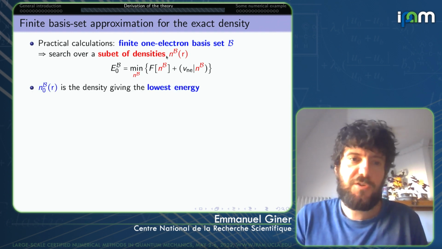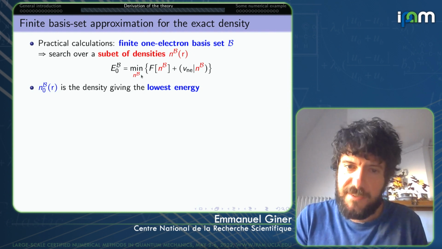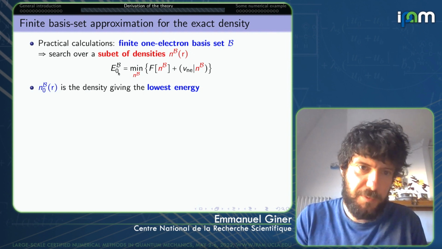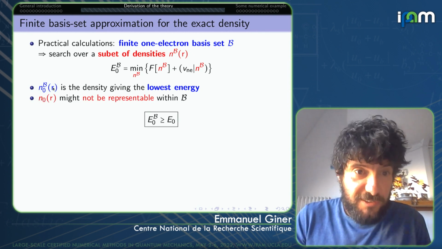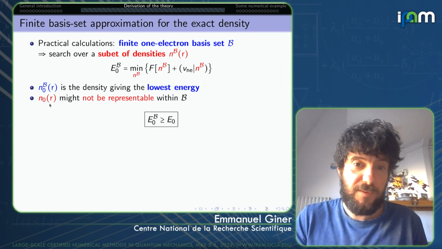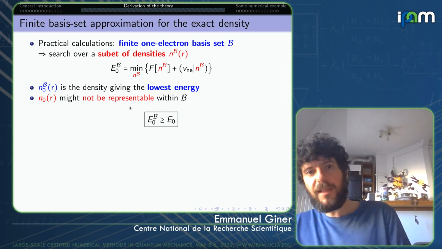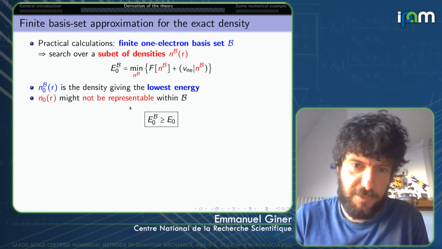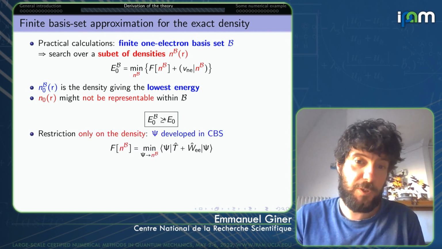If you call n_0^B the density that really minimizes this quantity, and that gives you E_0^B, the problem is that n_0, the true ground state density, might not be representable in your basis set. And so you know that this quantity E_0^B, that Julien introduced yesterday, is necessarily an upper bound to the true ground state energy.